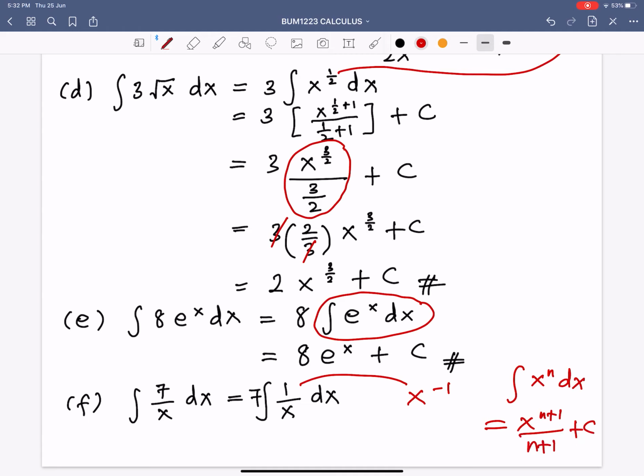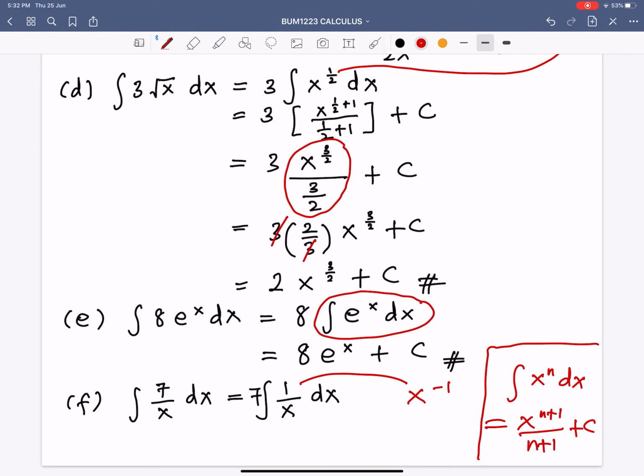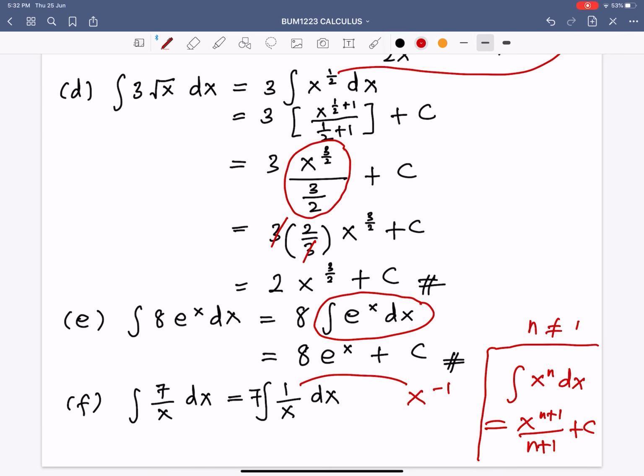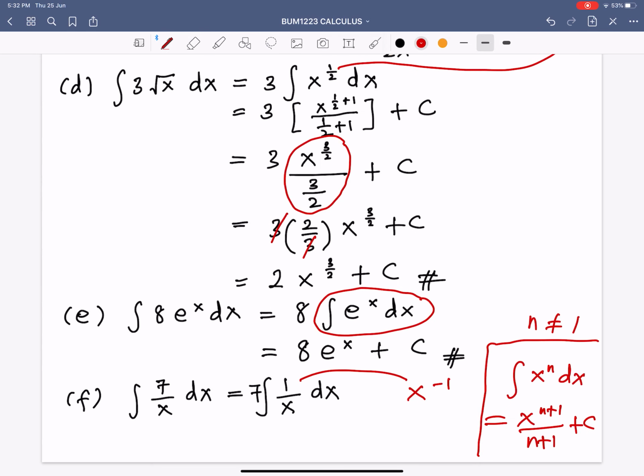We cannot use this formula because it is only true when n is not equal to -1. If you rewrite 1 over x, then it is x power of -1. That is why we don't use this formula.